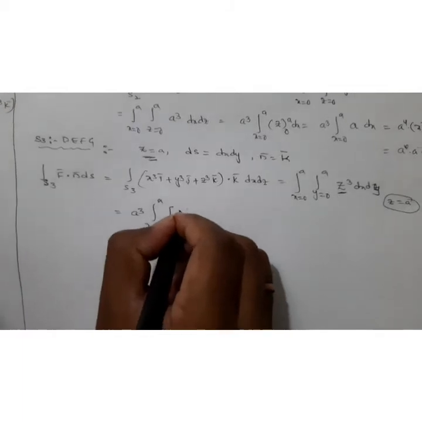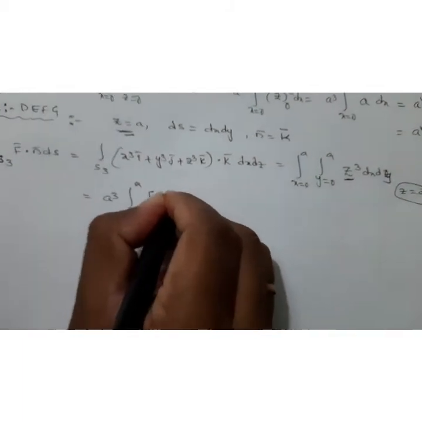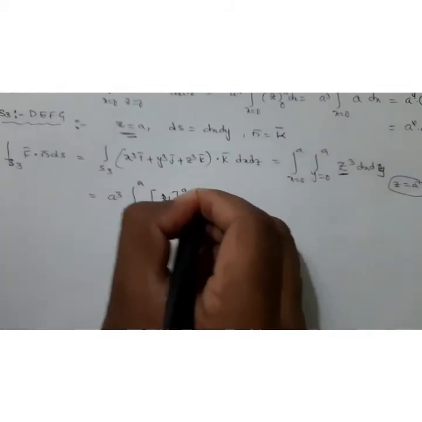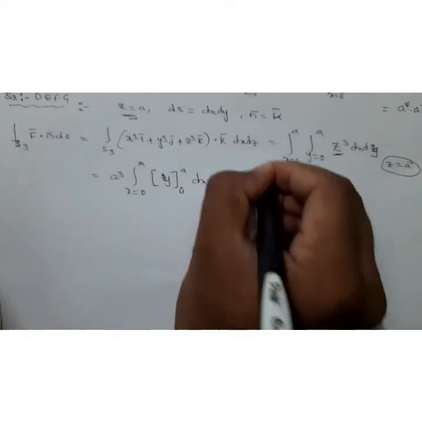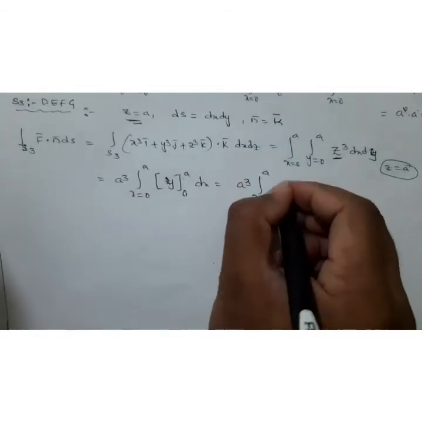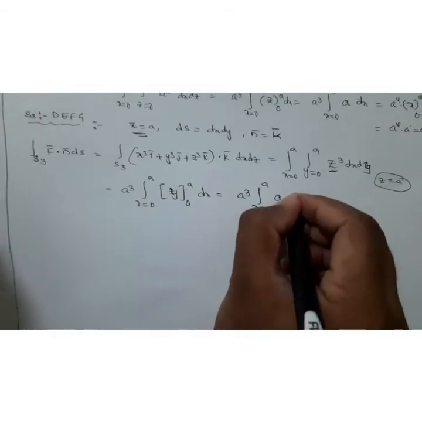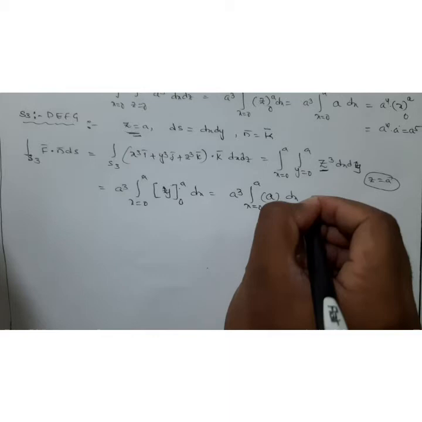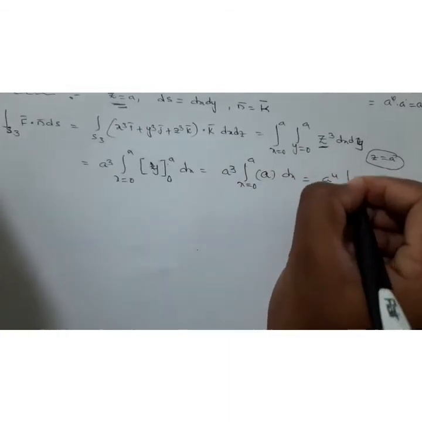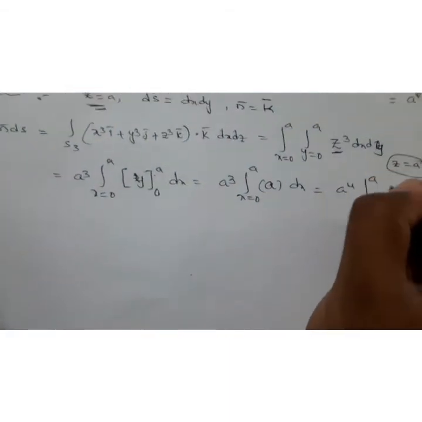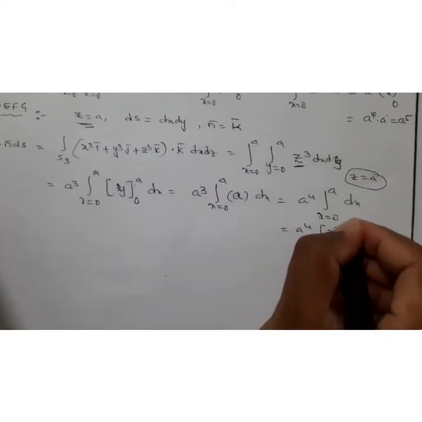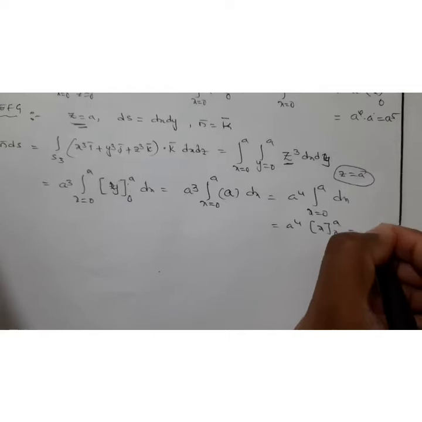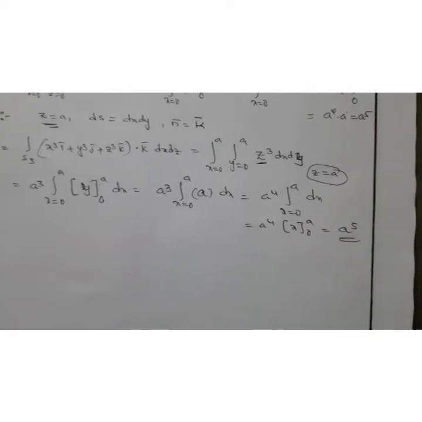First integrate with respect to y, integral of dy is y, limits from 0 to a into dx, a cube into x is equal to 0 to a, substitute y is equal to a minus 0, a into dx, a cube into a is a power 4, integral of x is equal to 0 to a into dx, that is a power 4 into x, limits from 0 to a, that is a power 4 into a is a power 5.